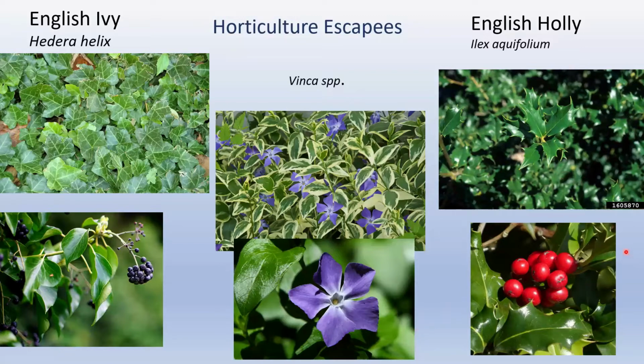And English holly, there's lots of holly cultivars, and this one is the tree type holly with this red berry. The red berry, again, feeds the European starling. They love it. And these need to be taken down. They need to be cut down, girdled, and their stump painted with a little bit of herbicide.